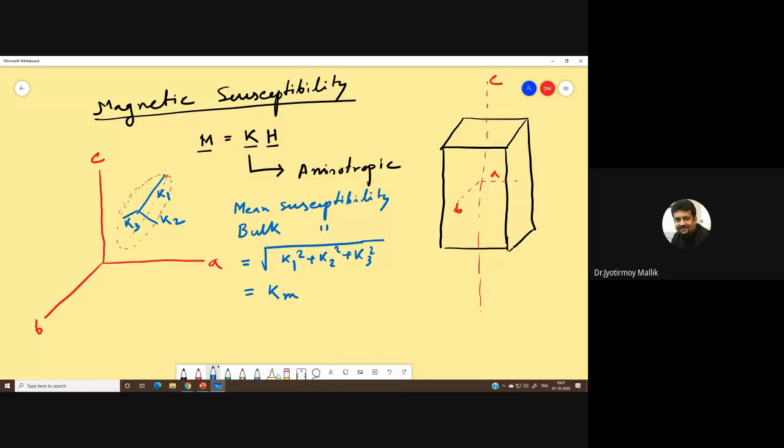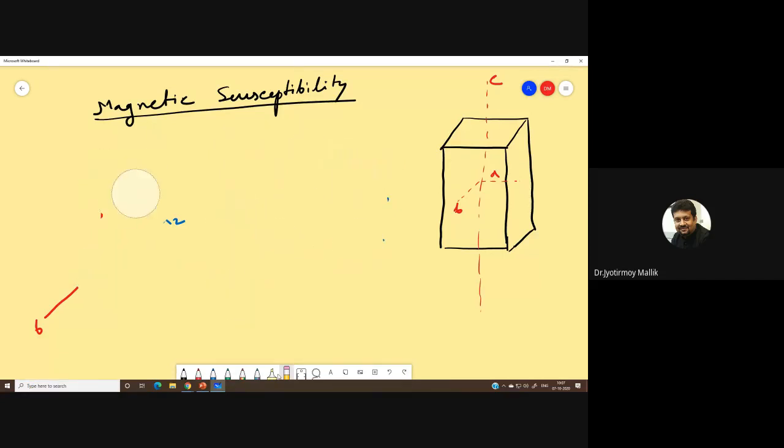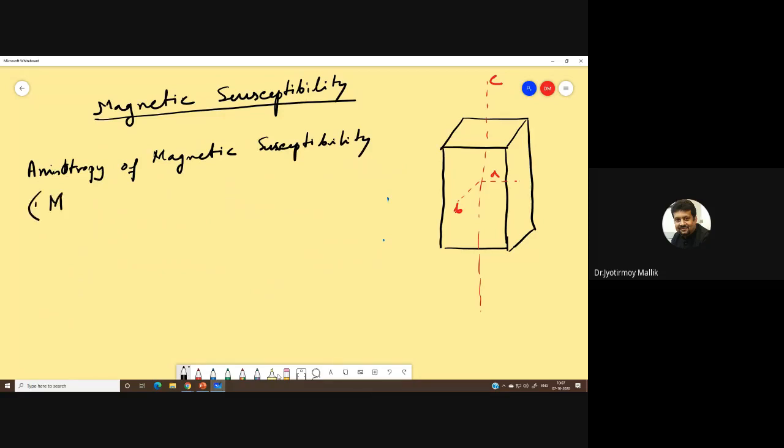Now, this anisotropy of susceptibility is a very important thing that is used for geological study, and that particular study we call anisotropy of magnetic susceptibility study, or in short form, AMS.